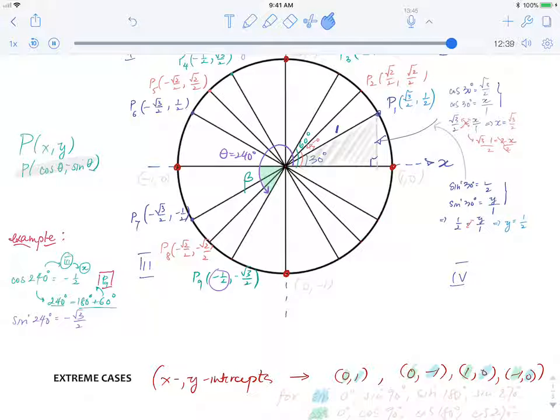And based on this, you can extract your sine of 0, sine of 90, sine of 180, sine of 270, etc. And the same for cos.